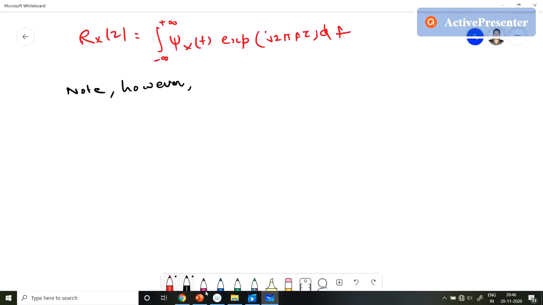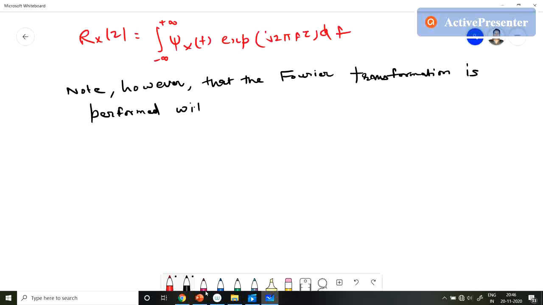Please note however that the Fourier transformation is performed with respect to the adjustable lag tau.